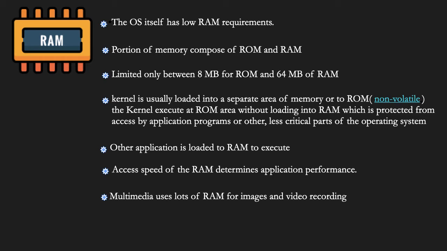Other applications are loaded into RAM to execute. The access speed of RAM determines application performance. For example, multimedia uses a lot of RAM for image and video processing.